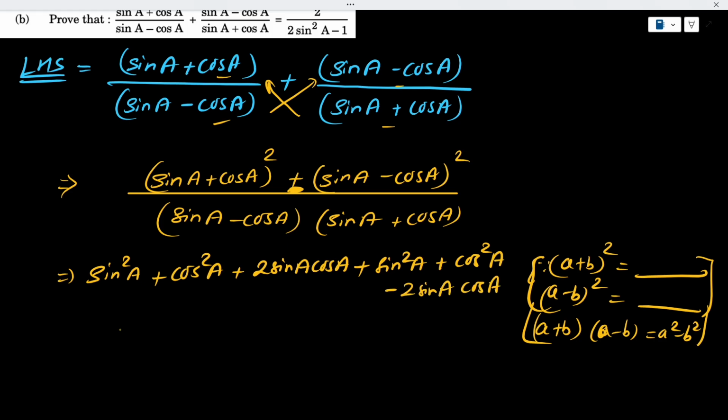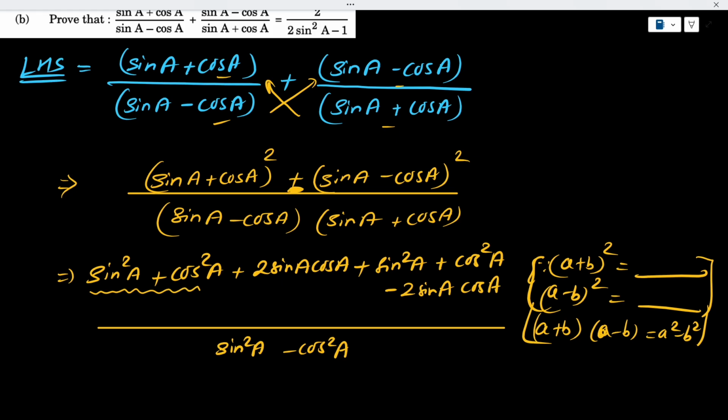This is the numerator done, and the denominator will become sine square A minus cos square A. Now if you see this expansion of the numerator, what can I take here? Sine square A plus cos square A is 1, right?